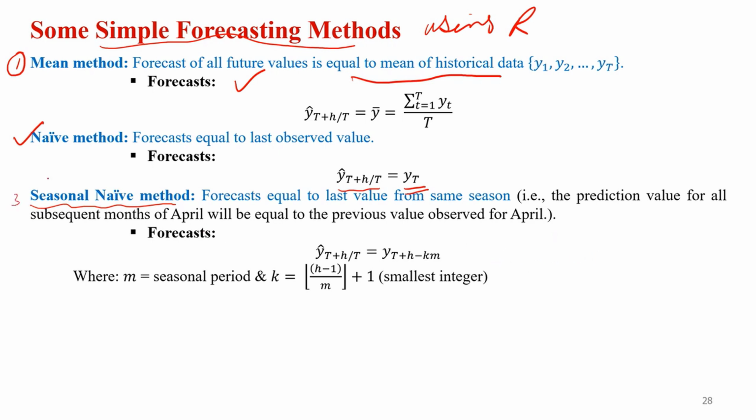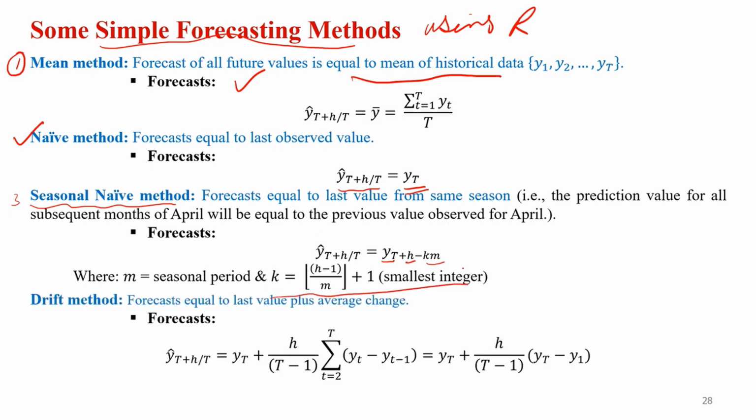Here, y_t indicates the original values, h is the forecast horizon, and m is the seasonal period. Whereas k is calculated like this, a smaller integer number.